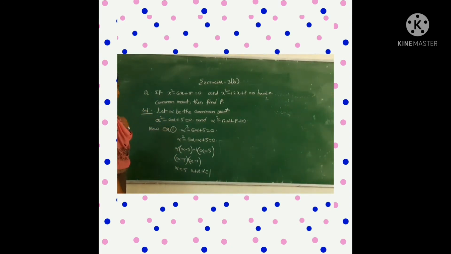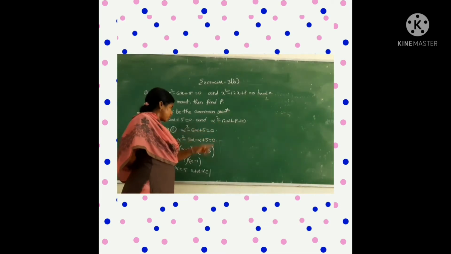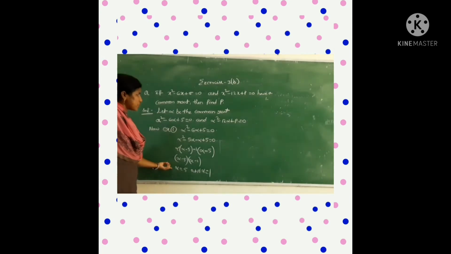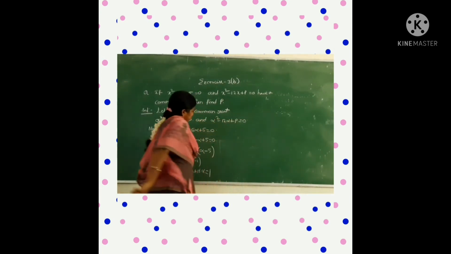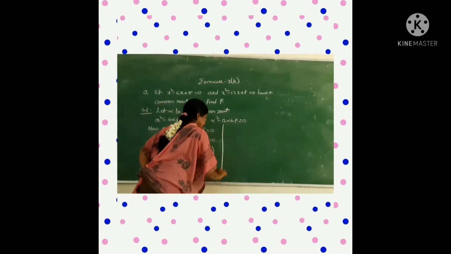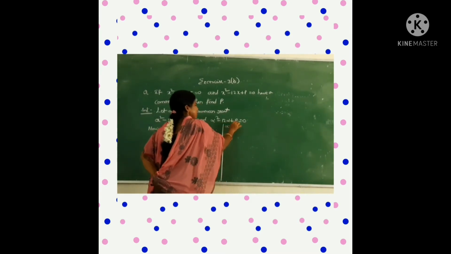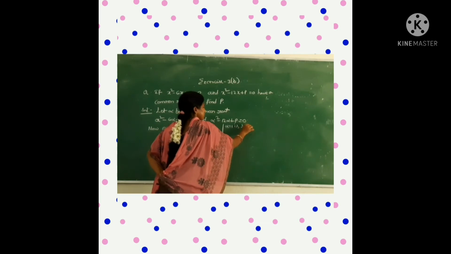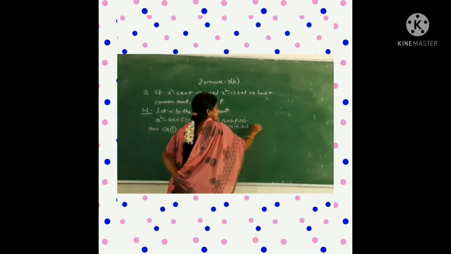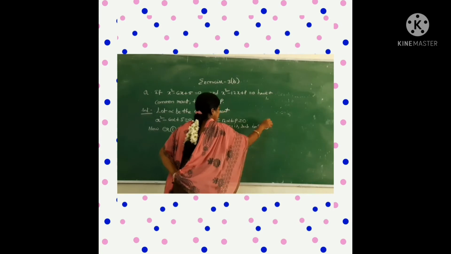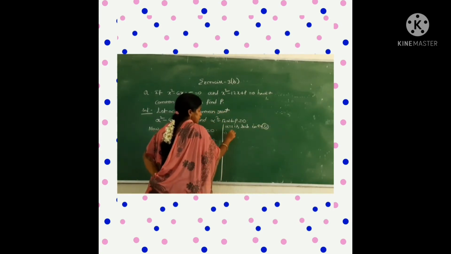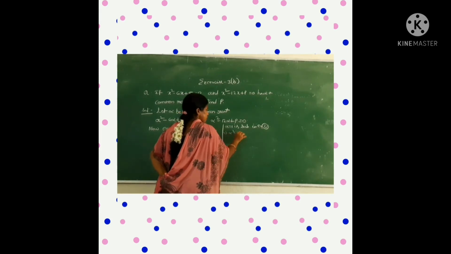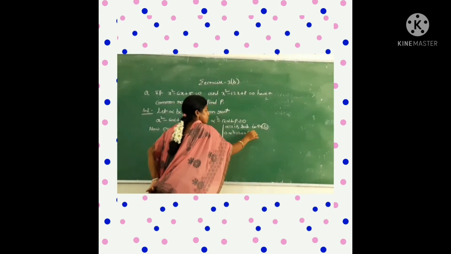What is the common root? That alpha is the common root. So we get two values of p also. Now substitute alpha equal to 1 in equation 2. The second equation is alpha square minus 12 alpha plus p is equal to 0.